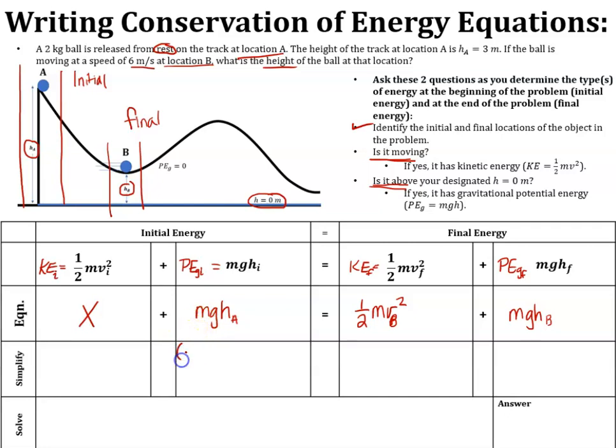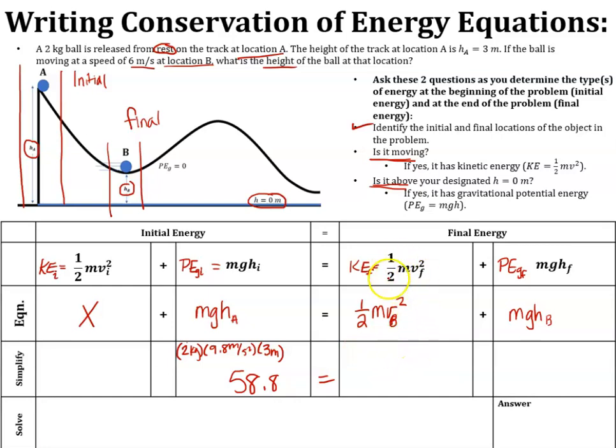I am going to do my mass of 2 kilograms times the acceleration due to gravity times the height of 3 meters, and that is 58.8. So we have 58.8 joules of energy initially.